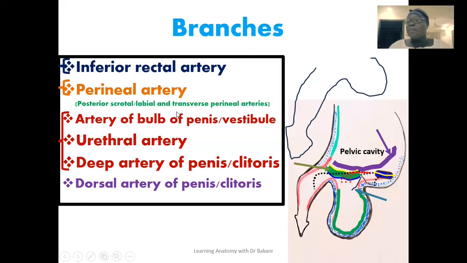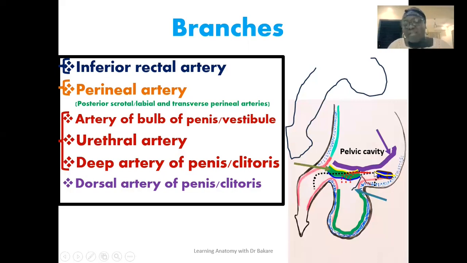Then you have another group of vessels that emerge from the internal pudendal artery, and this is where we have the artery of the bulb of the penis or the vestibule, the urethral artery. We also have the deep artery of the penis or the clitoris. These three emergences run through the deep and also the superficial perineal pouch. And this is as a result of the pattern by which they run. If you look at how they run, we have these three vessels here highlighted in red.